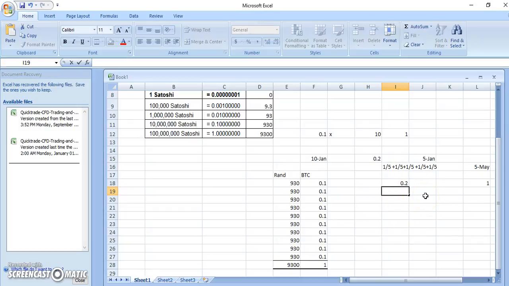It means that you have 930 plus another 930, which I can just say is 930 multiplied by 2, which equals 1860.